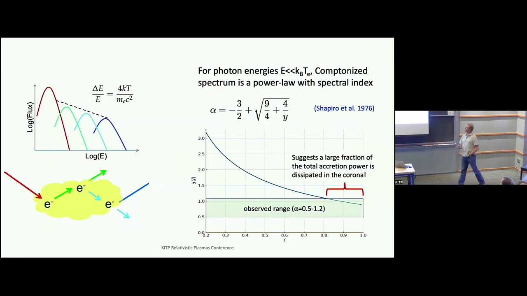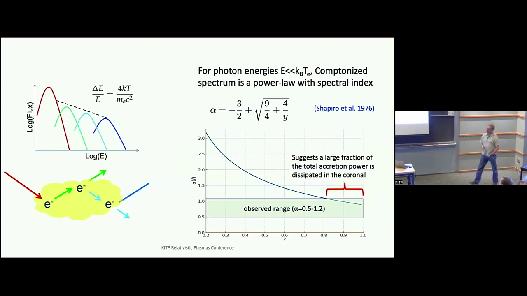And fundamentally, for photon energies that are well below the temperature of the corona, the spectrum is predicted to be a power law. Fundamentally, you're taking your thermal photons and you're just doing 1 scattering, 2 scatterings, 3 scatterings in the corona. After each scattering, there's a probability of escape, of course. And they stack up to be a power law.